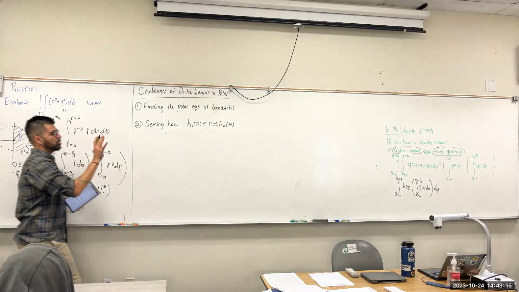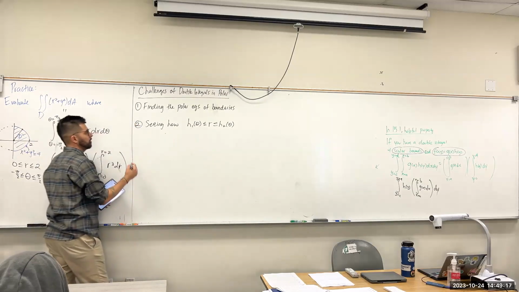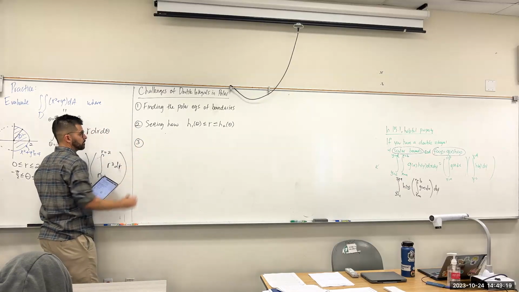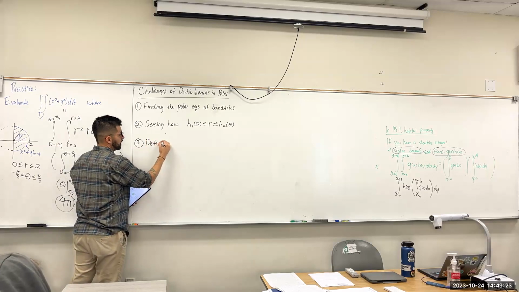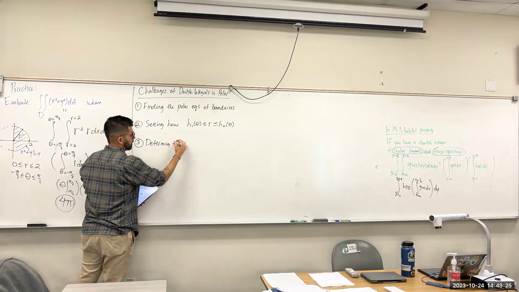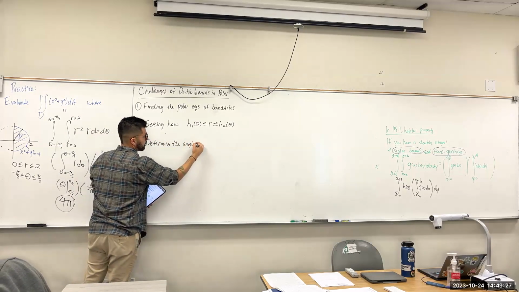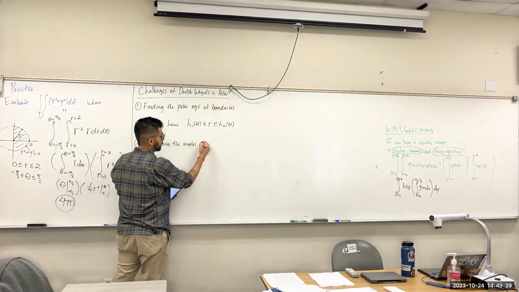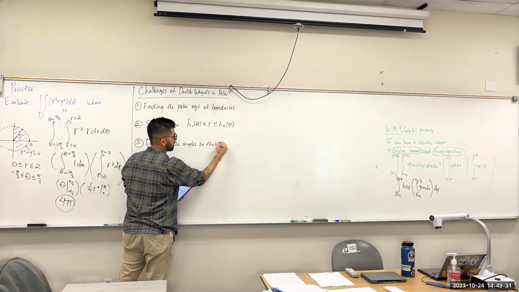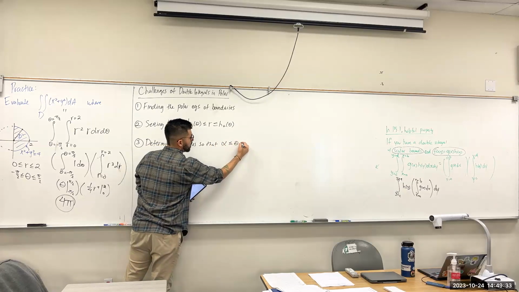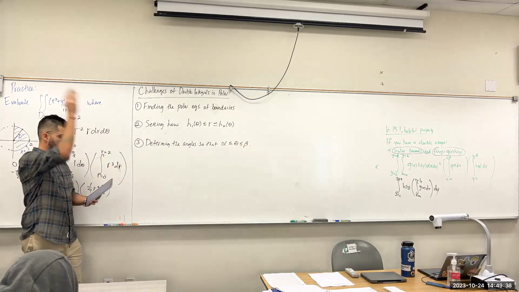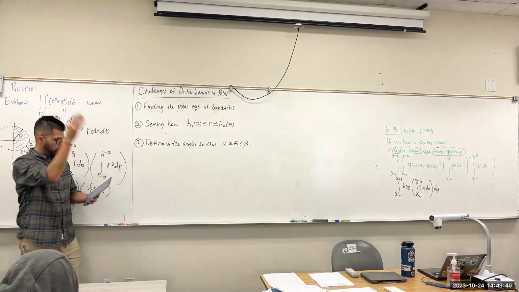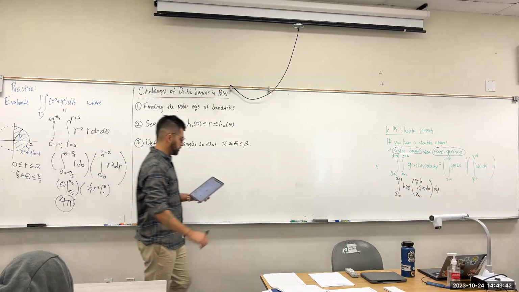Which one bounds R above, which one bounds R below. And then determining the angles so that your theta will be bounded by alpha and beta. That laser analogy that I keep telling you guys is going to be very helpful.